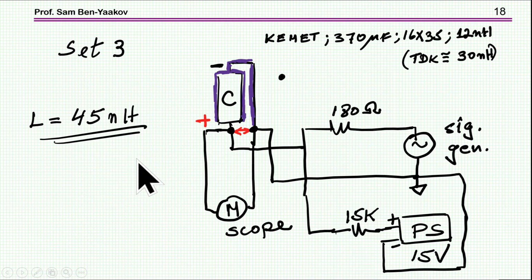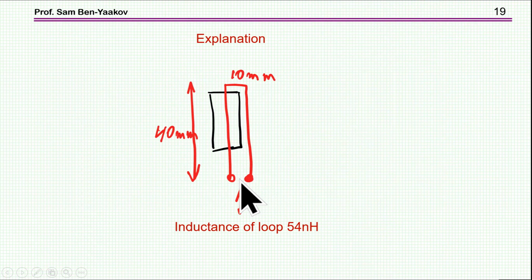Still, it is higher than the ESL of the inner structure of the capacitor itself. Now, if I look at this loop here without actually considering the capacitor itself, assuming a 40 millimeter length, which takes into account some of the overhead here, and 10 millimeter wide, the capacitor itself is 16, so it's like 2 millimeters beyond the radius here.